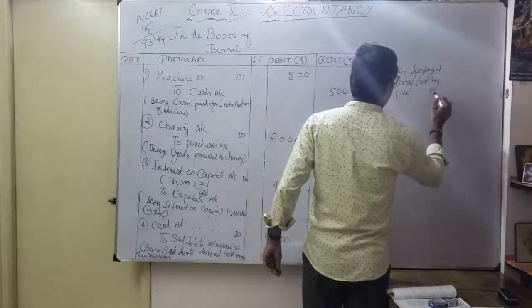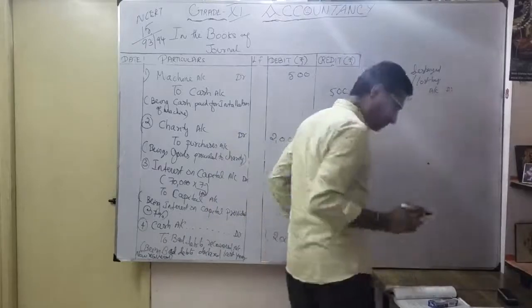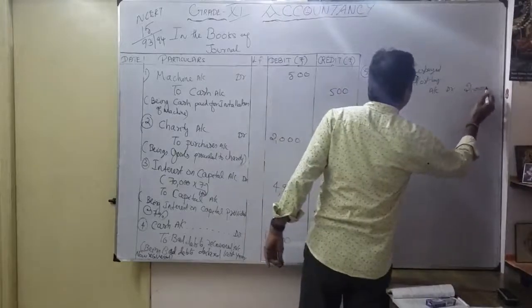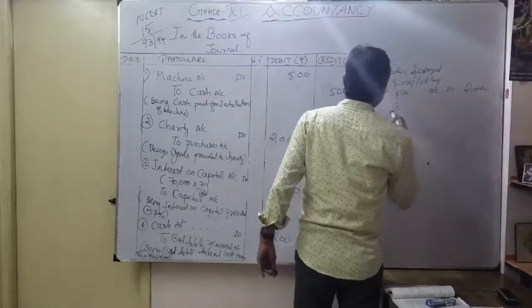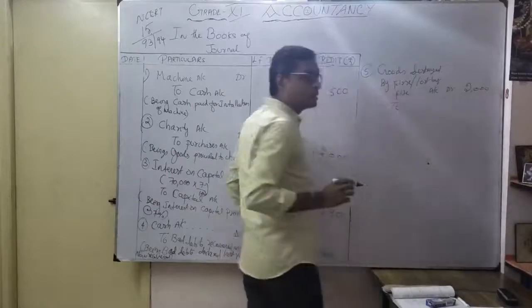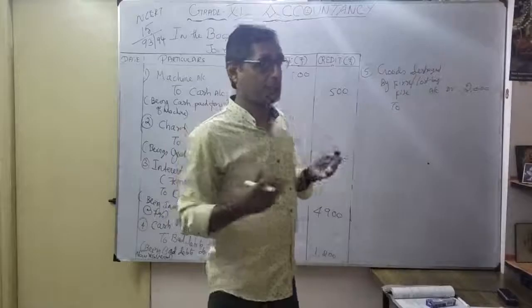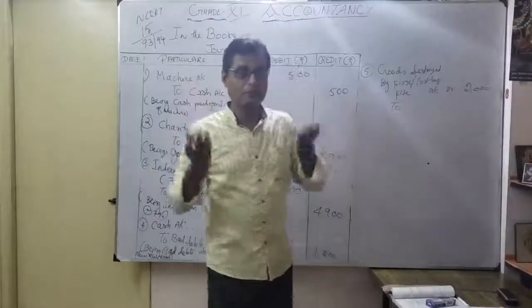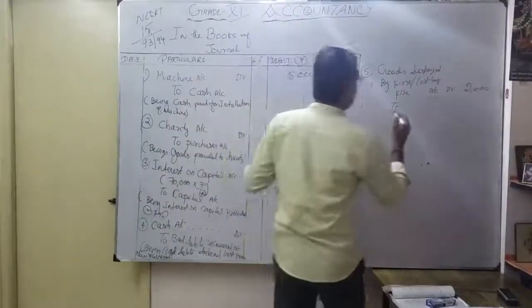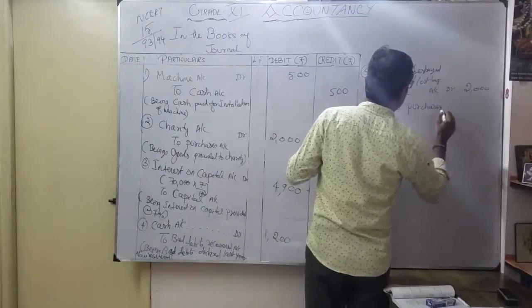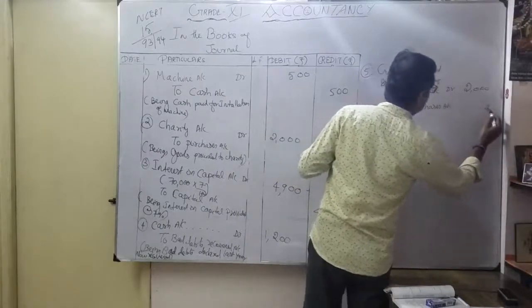Okay, account. Debit, how much? 2000. Okay. So here goods destroyed. So my purchase value reduced. I lost my goods due to fire. So naturally my purchases become reduced. So how to show? I am crediting my purchases account, purchases account 2000. Okay.